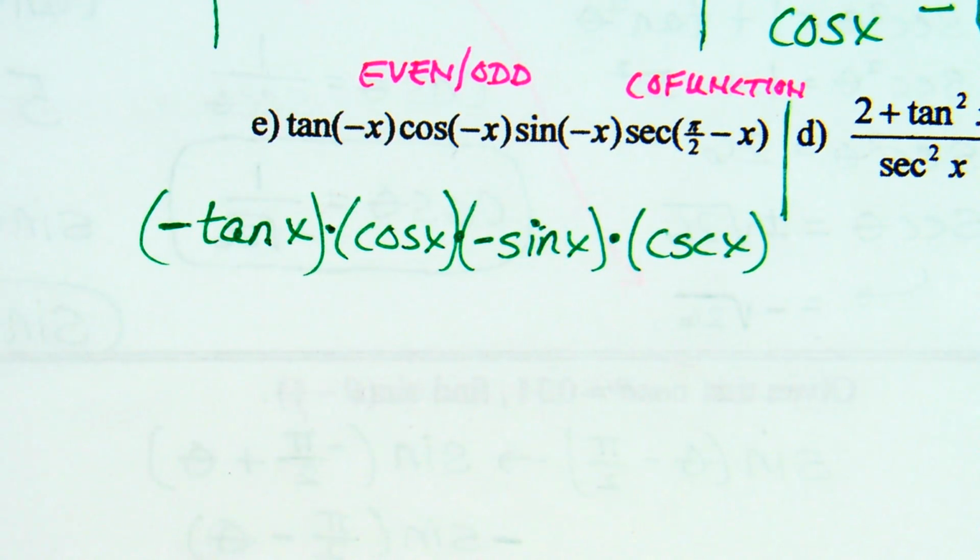You guys have thoughts on where to go next? Okay, make everything in terms of sine. Changing cosecant to sine is going to help.